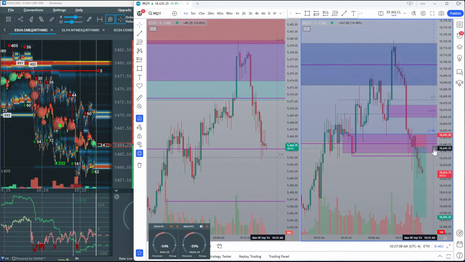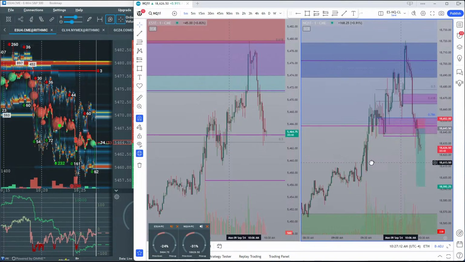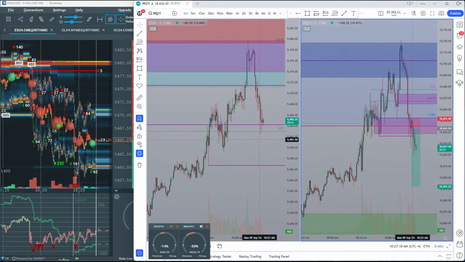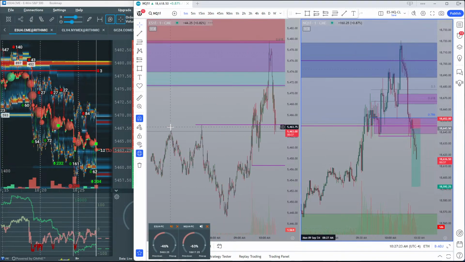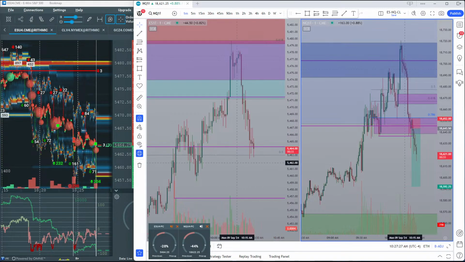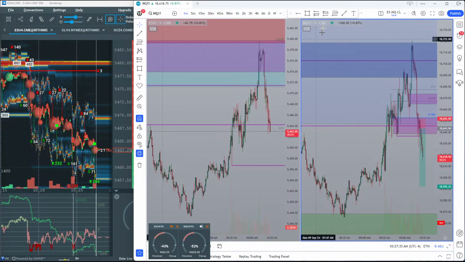Gives a drop and a pop back. What's that purple ES level? Okay. Ooh, selling pressure. Gap to fill from Asia open. Where's that gap at?